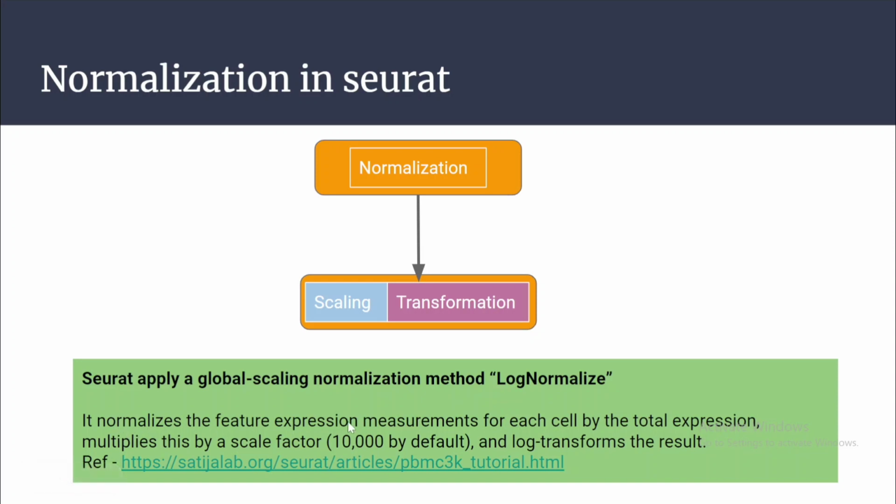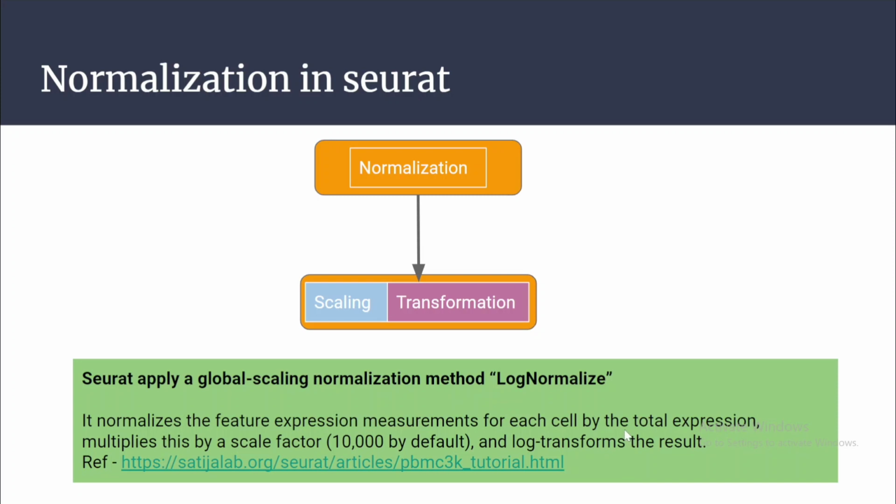This is a definition that I have taken from the Seurat pipeline itself. It normalizes the feature expression measurement for each cell by the total expression and then multiplies it by a scale factor. In Seurat, the default is 10K, and then we do the log transform of this result and then we have the normalized data.